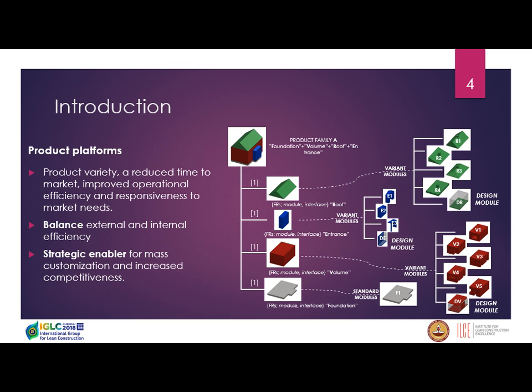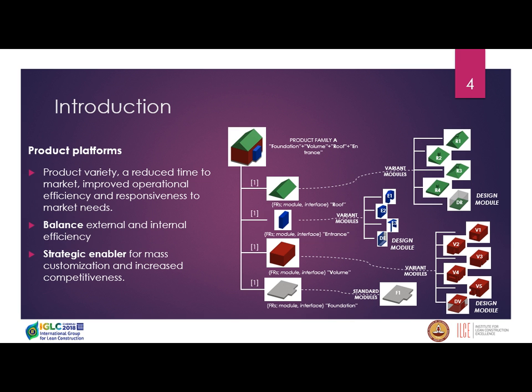Shamnat already talked some about product platforms. The advantages: we can offer product variety, a reduced time to market, improved operational efficiency, and better responsiveness to market needs. It's still the challenge to balance our internal and external efficiency, but it can also be a strategic enabler for mass customization and increased competitiveness.